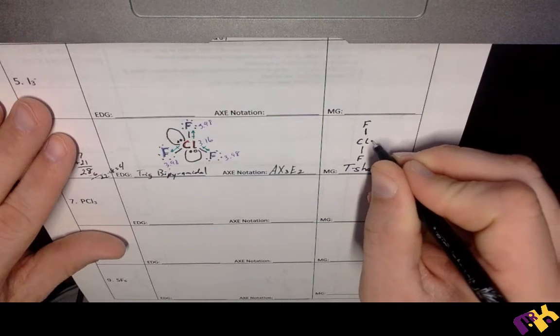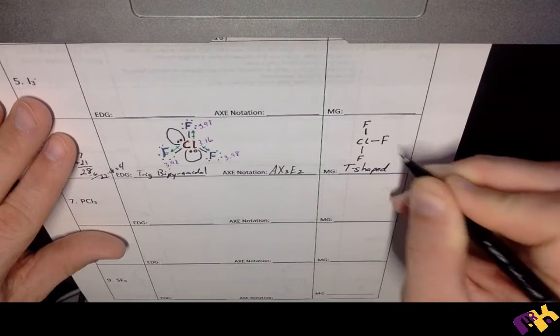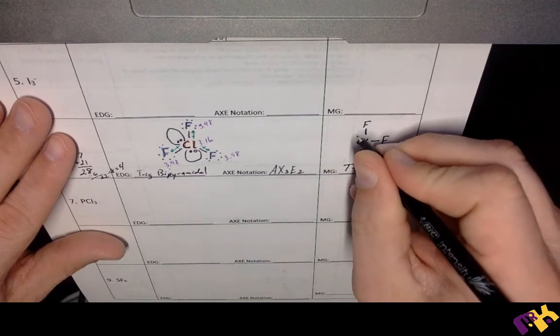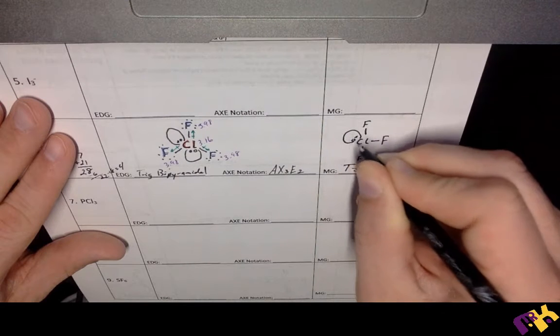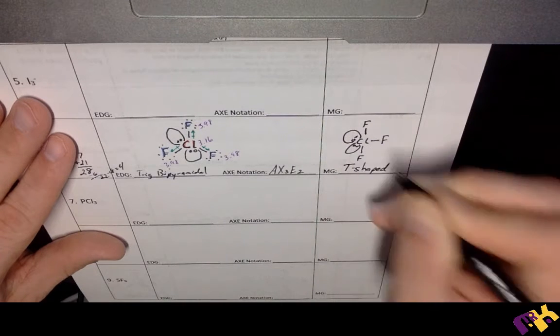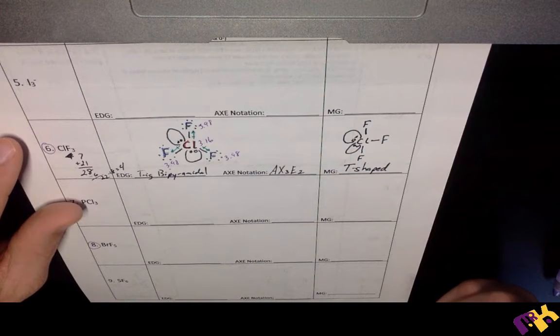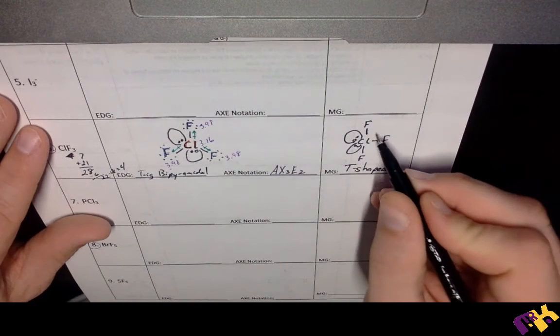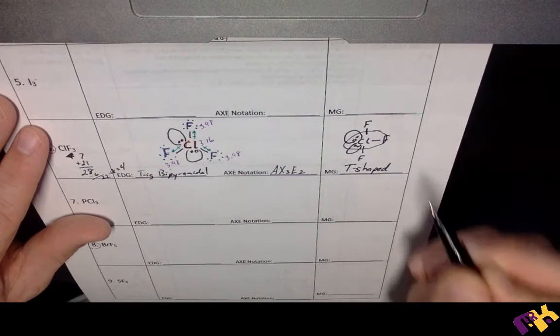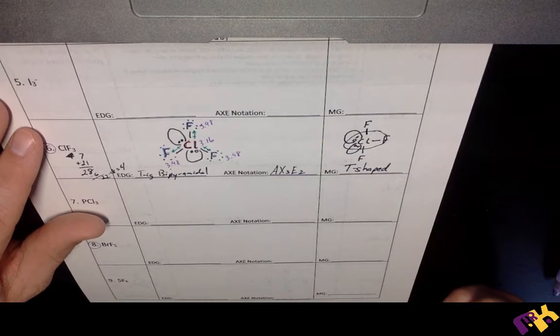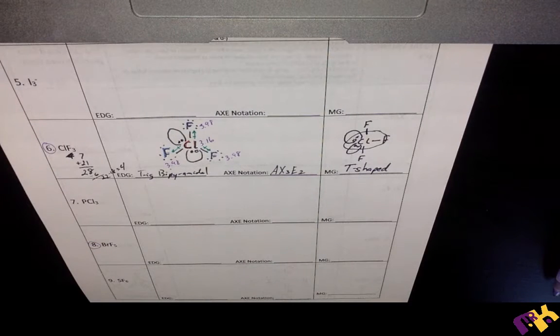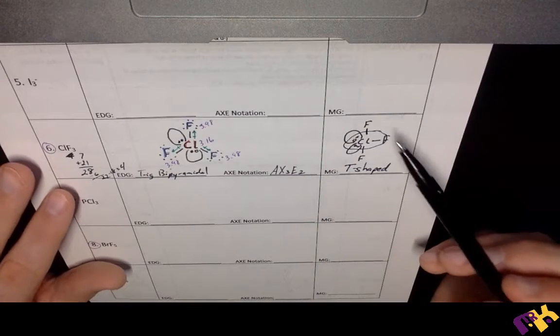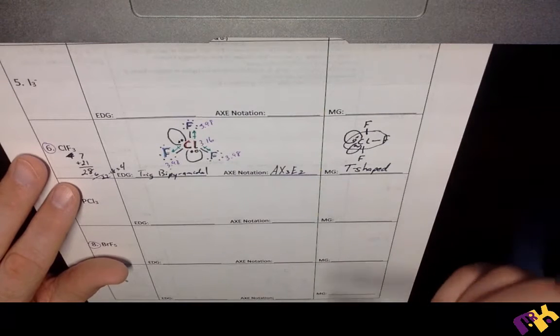Then we place our 3rd fluorine on the equator, and these 2 lone pairs are going to take up the other 2 spots on that equator. So these are around the equator of the molecule, kind of coplanar. And so the remaining shape that we have here is a T-shaped molecule.